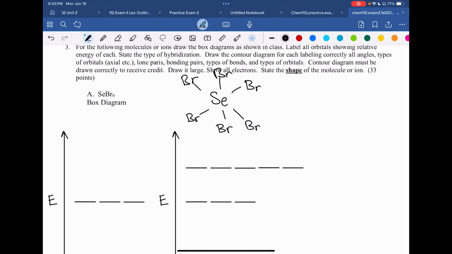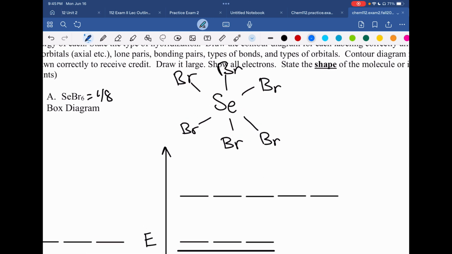Okay, valence is 48. Right, okay. So we currently have 2, 4, 6, 8, 10, 12, 14, 16, 18, 20, 22, 24, 26, 28, 30, 32, 34, 36, 38, 40, 42, 44, 46, and here's 48.